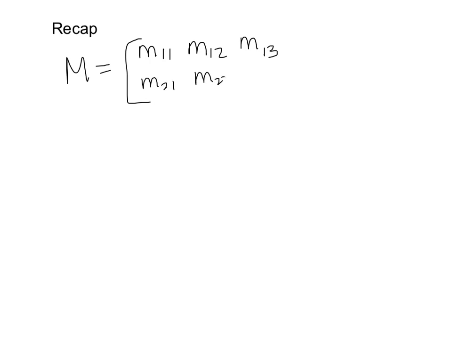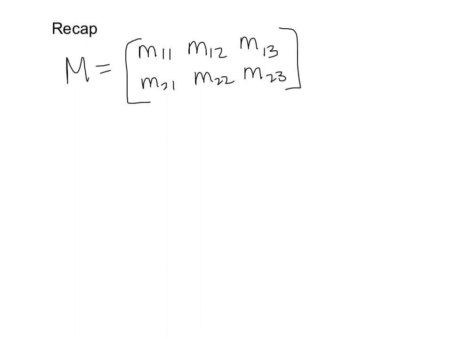So just to sum up all the different things we did in this video, we started out by looking at a matrix and defining that matrix. Remember that matrix, let's call it matrix M, has entries in it, and each of those entries has a particular address.